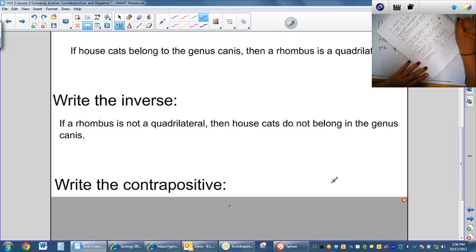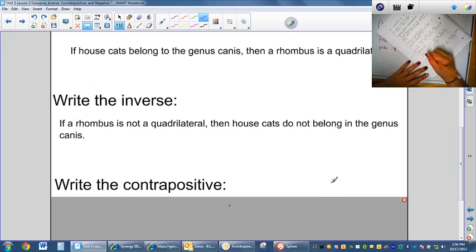The contrapositive says if we have a statement, if P then Q, the contrapositive says if not Q, then not P. So we negate the concept.